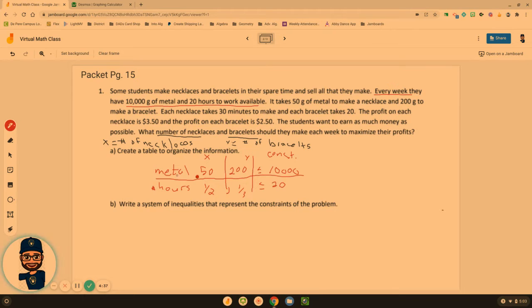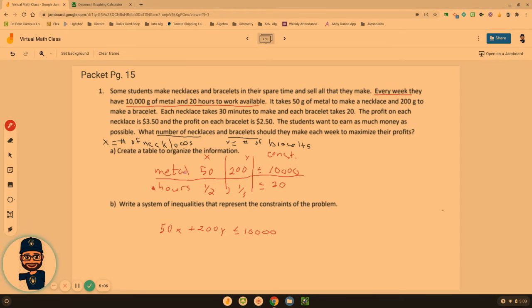So I can use that information to write two inequalities. I'm going to work left to right. One inequality for metal, so 50 times every necklace that I make, plus 200 times every single bracelet that I make. That's for the metal. We have to stay under or exactly at 10,000 grams of metal.